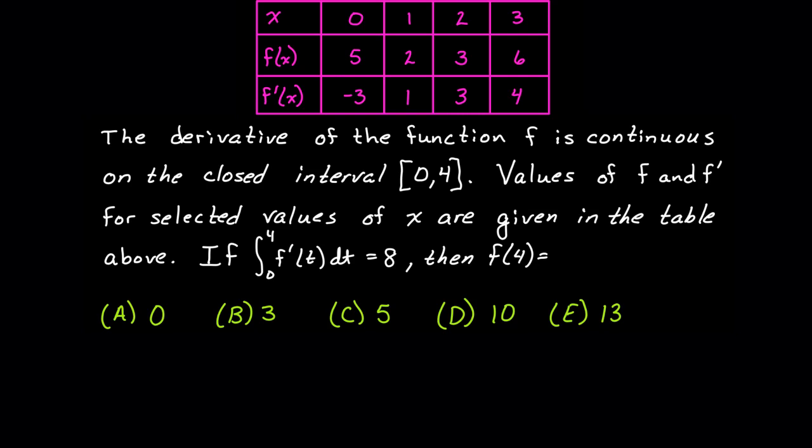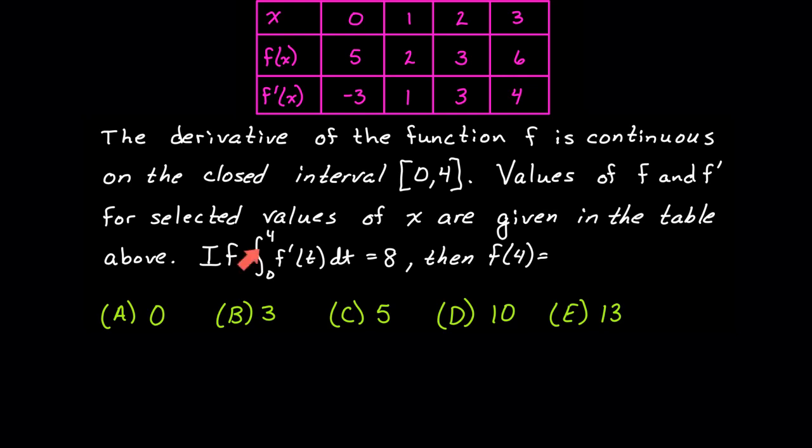All right, this one's similar to that. The derivative of the function f is continuous on the closed interval. Values of f and f prime selected values are given in the table above. If this integral of f prime is equal to 8, then what's f of 4 equal to?